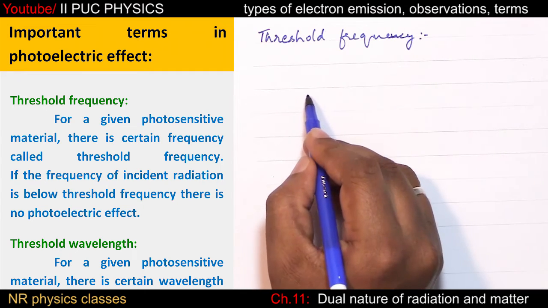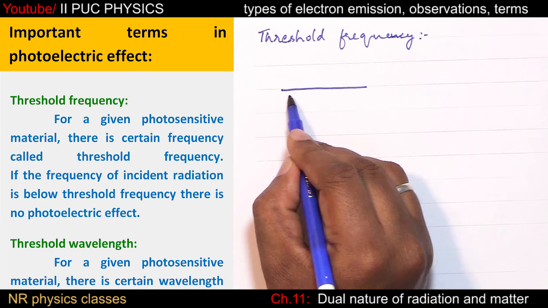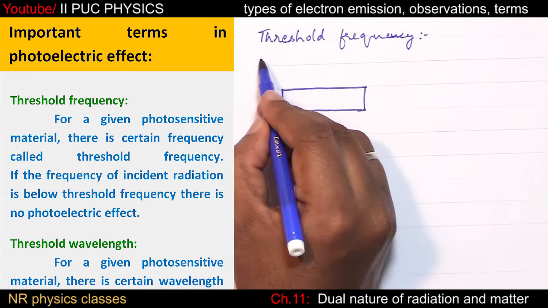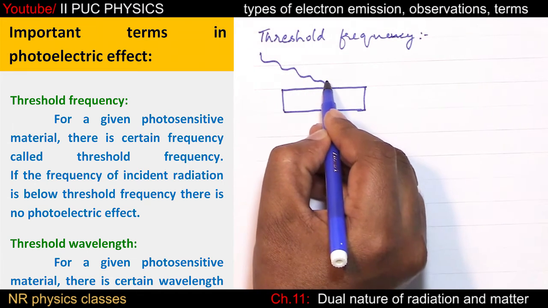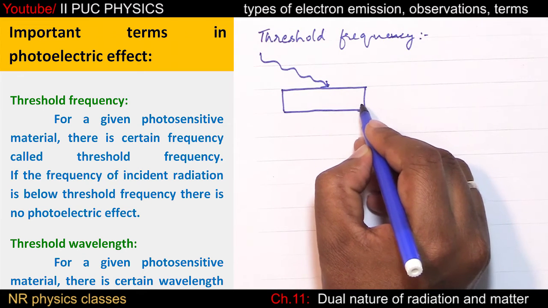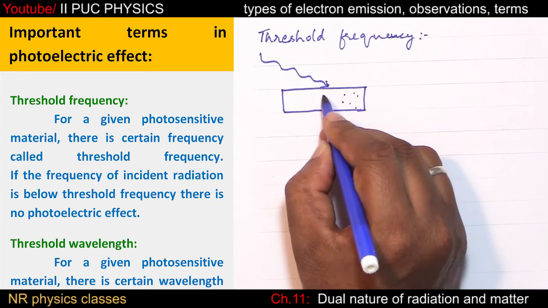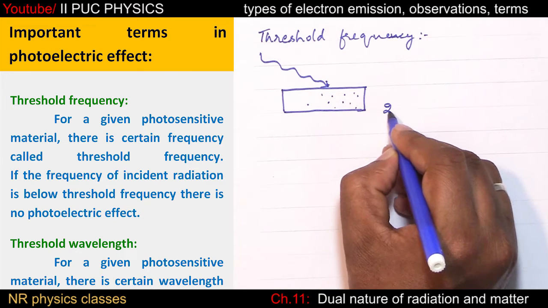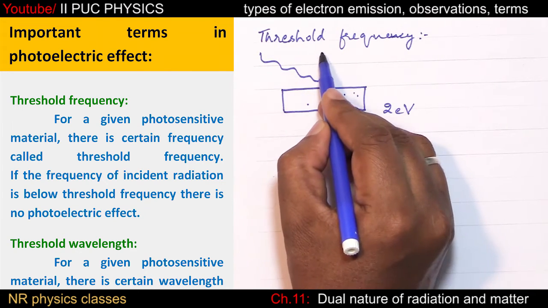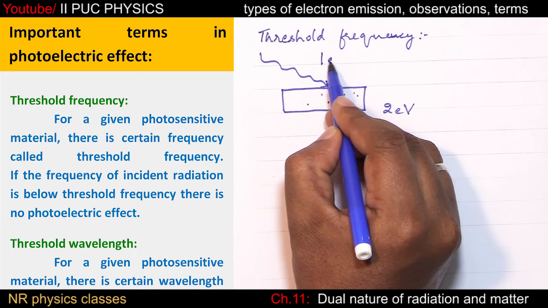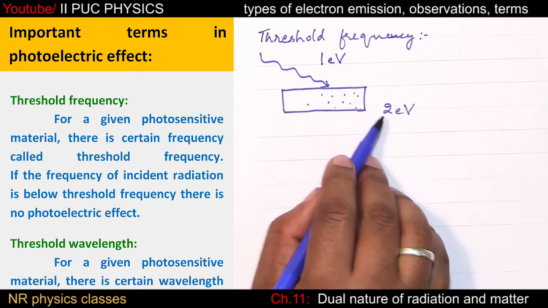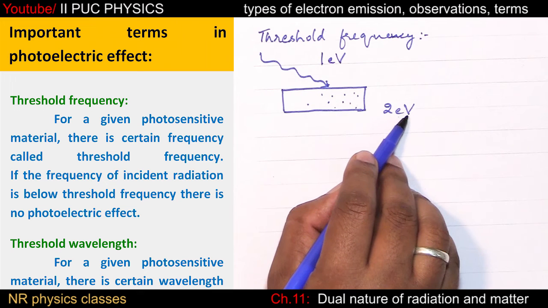Observe the metal and the incident radiation. Let the minimum energy required to remove conduction electrons be 2 electron volt. If the energy of the incident photon is 1 eV, then this is not sufficient to remove an electron because the minimum energy required is 2 eV.